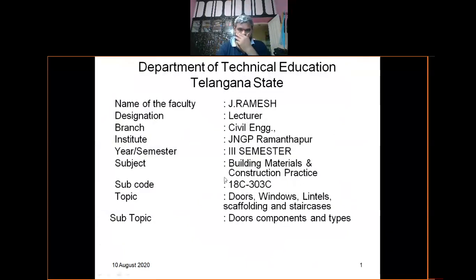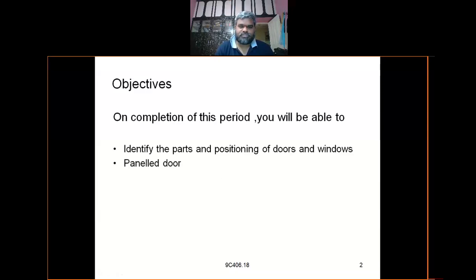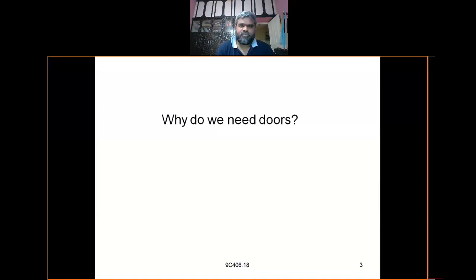This is our presentation. These are the objectives of today's class: identify parts and positioning of doors, windows, paneled doors, flush doors, and glazed doors. Why do we need doors?